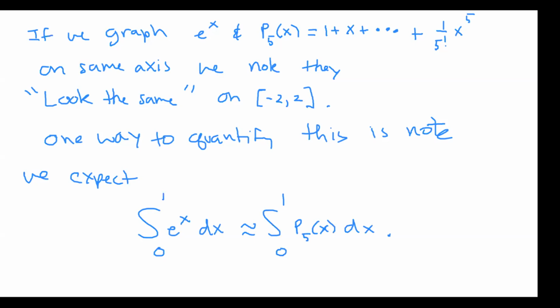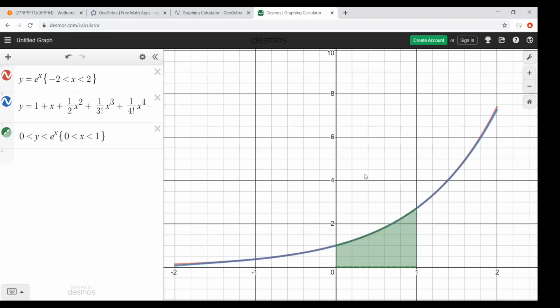So if I switch this back to what we had before and look at two areas, 0 less than y less than e to the x, restricted between 0 and 1, I expect this green region that I've shaded in here, which is the area under e to the x, to be approximately the same as if I integrated under the polynomial.